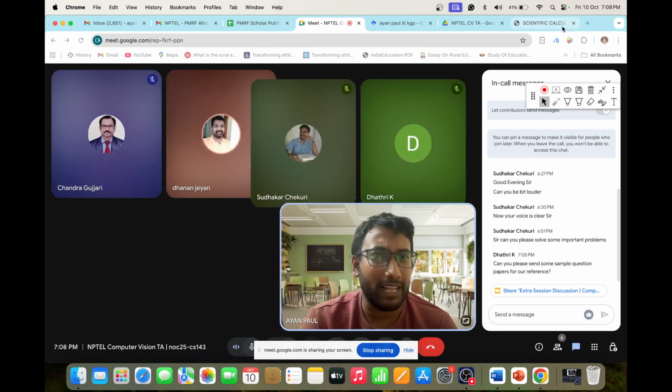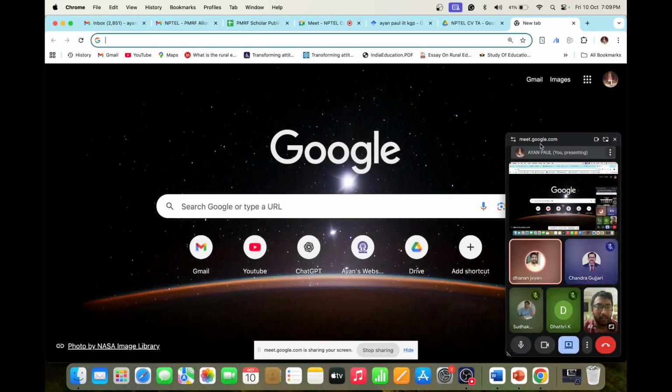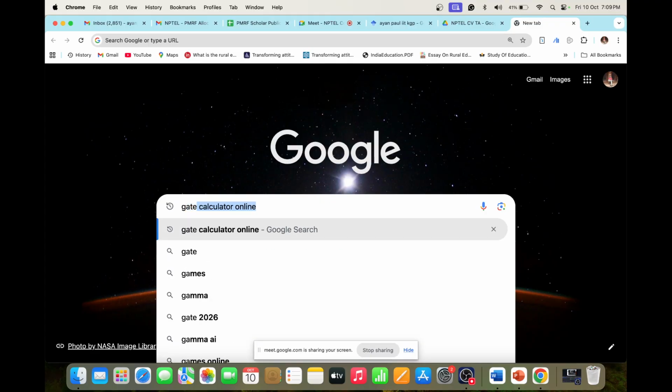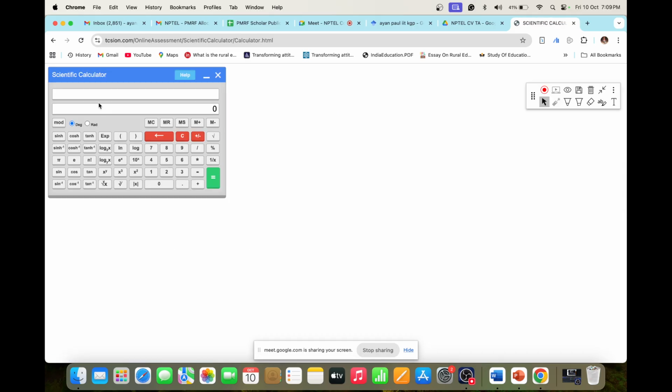Just open Google, and write GATE calculator, because the virtual calculator will be similar to the GATE calculator, and you can get different links. Just open this. This is the scientific calculator in virtual form.